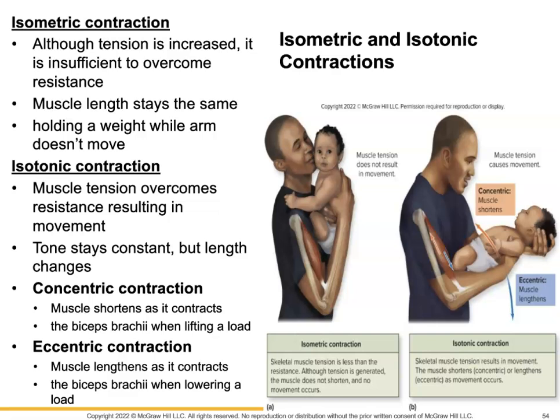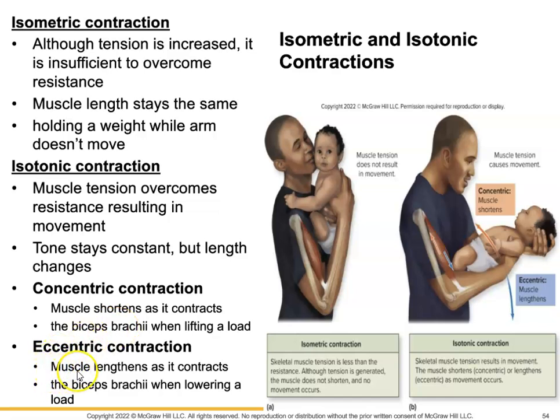So isotonic, the muscle length changes, but the force against it, the tension, the tone stays the same. And within your isotonics, we have two different types. That is concentric, where the muscle shortens as it contracts, again like your biceps brachii when you're picking up something or lifting weights.